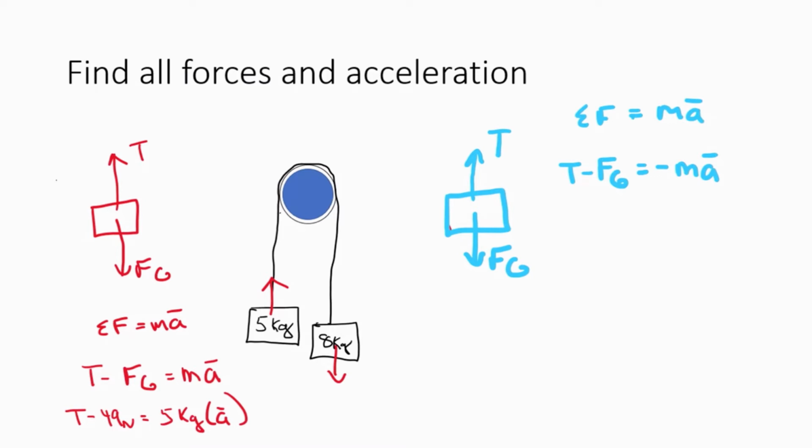On the other side, I still don't know T, but it is 8 times 9.8. So the force of gravity is 78.4. There we go. 78.4 newtons equals negative 8 kilograms times A.